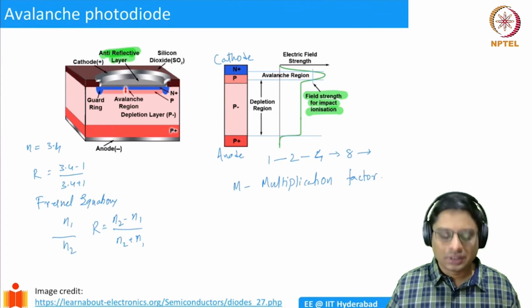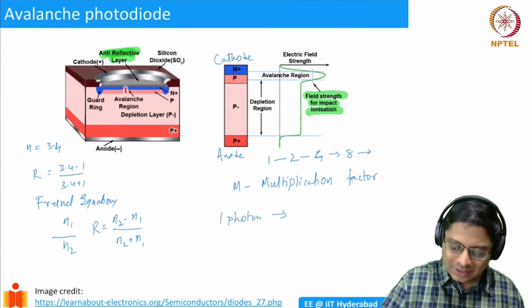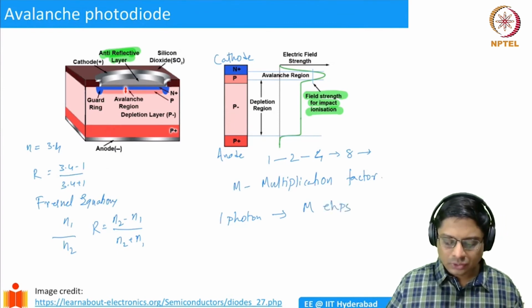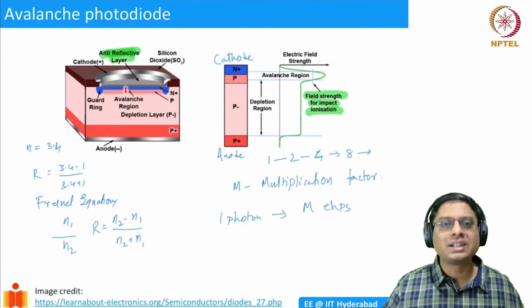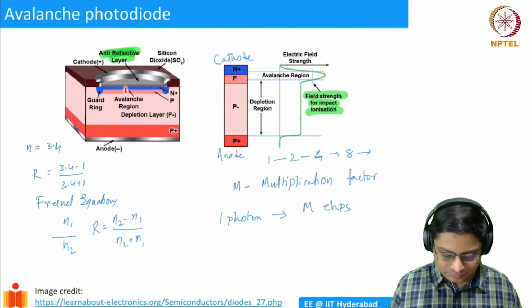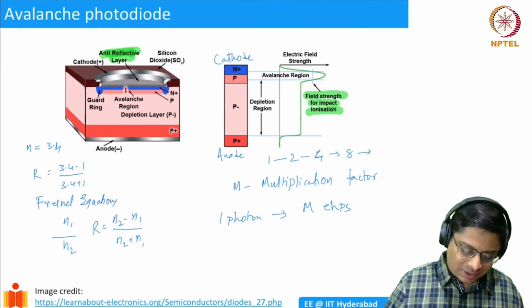But now, for every photon, we get M electron-hole pairs, which is the multiplication factor. So by just creating this large field region, I'm quickly increasing the number of electrons, thereby increasing the current.